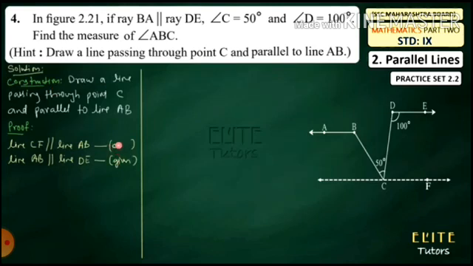If CF and AB are parallel and AB and DE are parallel, so we can get CF and DE are also parallel. So we will write clearly, line CF and line DE are parallel to each other.